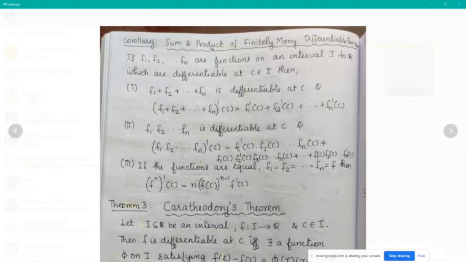That is the product rule in general case, generalized product rule.